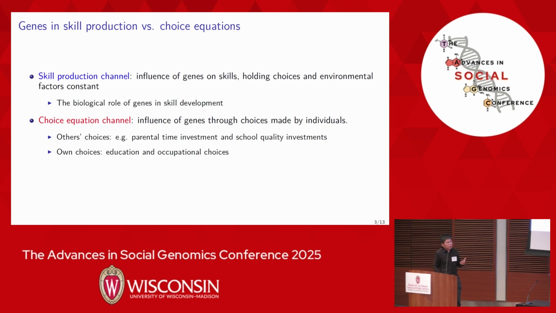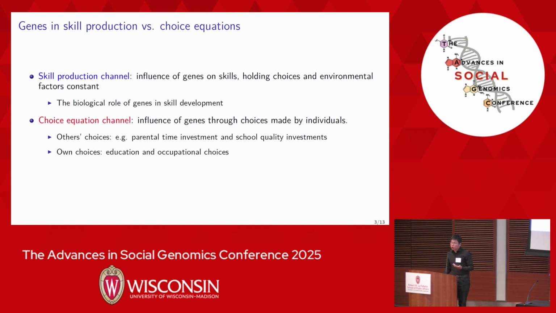Essentially, people will be strategic in terms of their choices, and the genes will play a role in how people's behavior may respond to their endowments, right? Because we are trying to model people from birth to retirement, there will be many choices in play. When people are young, their parents play a very major role in the choices.